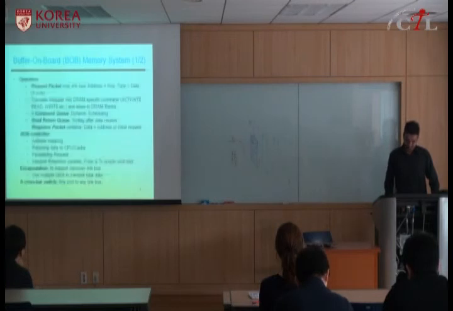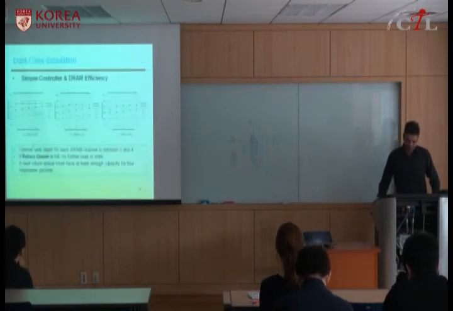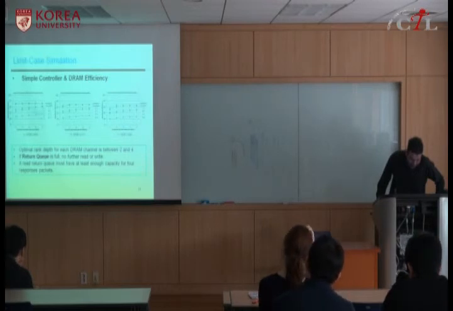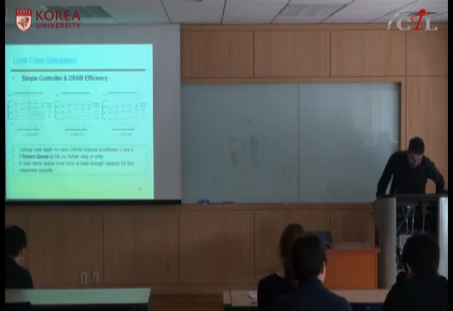Their simulation tries to find the optimal rank depth, which should be between 2 and 4. If we see here, rank depth 1, 2, 4 and 8, from 2 to 8 the improvement in bus efficiency is not that much. So we can say that in that design we can use only 2 to 4 ranks.